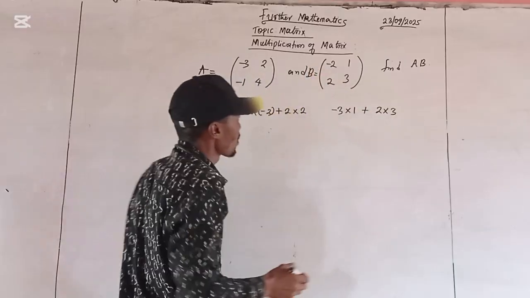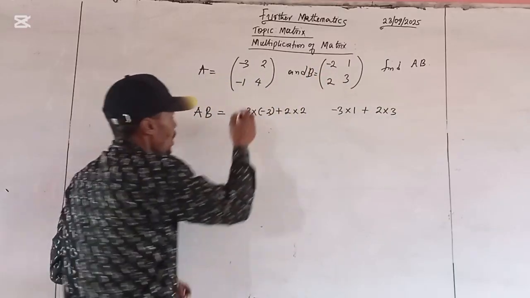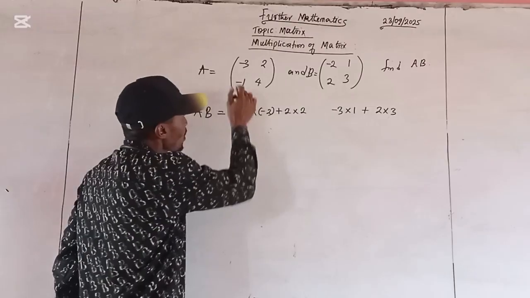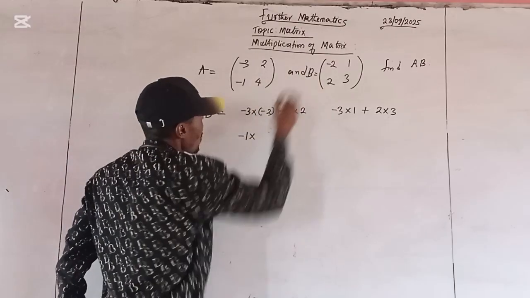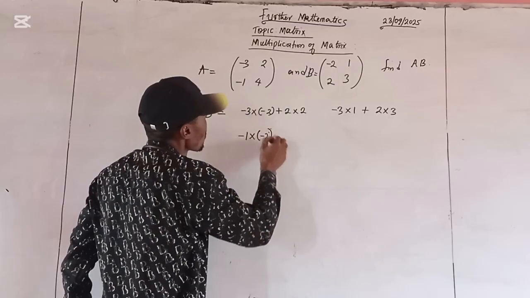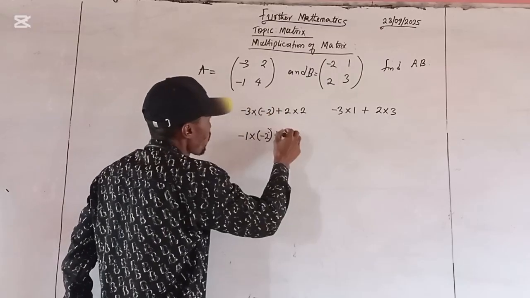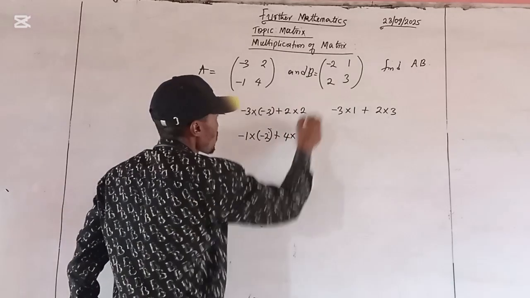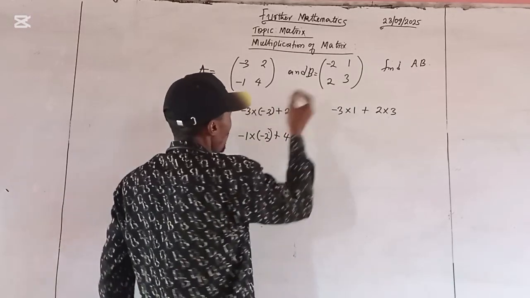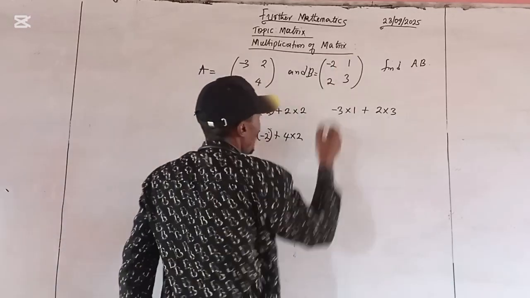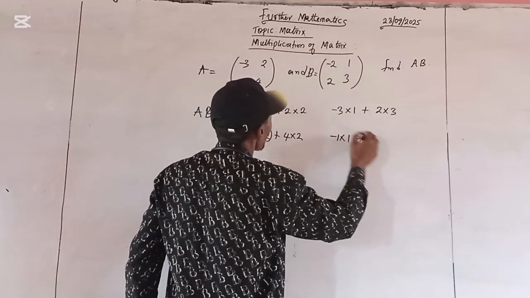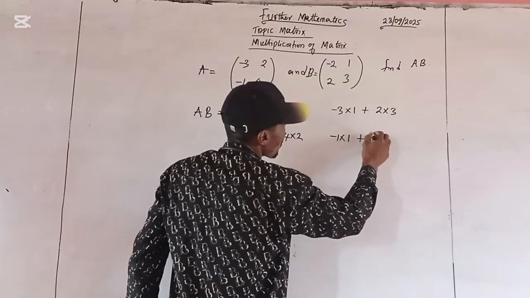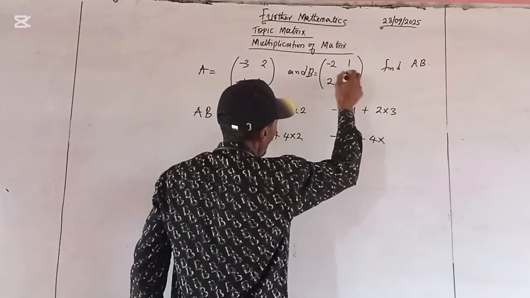We go again, -1 times -2 plus 4 times 2. We go again, -1 times 1 plus 4 times 3.